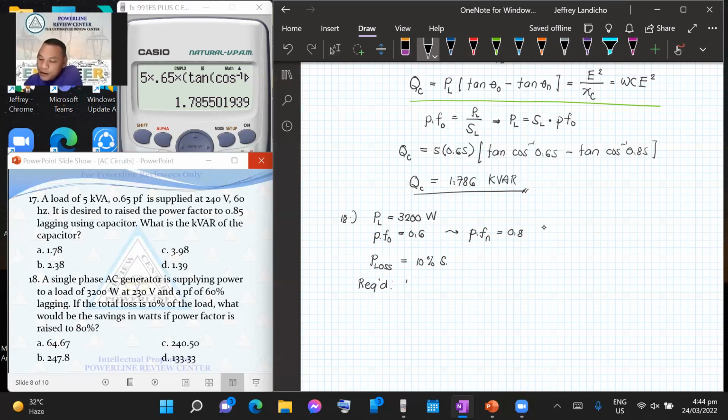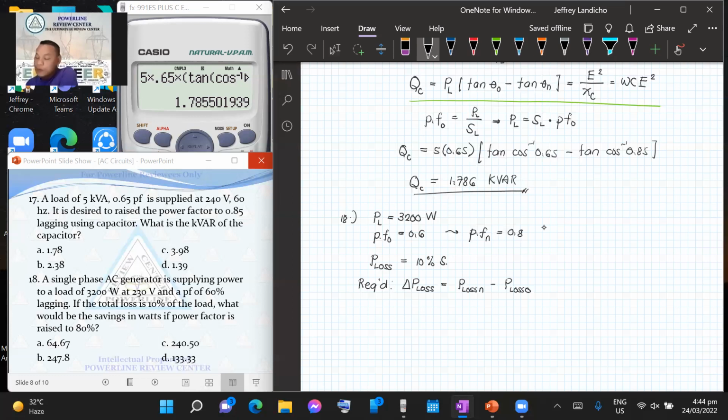So lumalabas kapatid, that is only required, no, that is the change in the power loss. Okay, so paano ba kunin yung change in the given power loss? So that is the final power loss. Sabihin natin, new minus the old power loss.